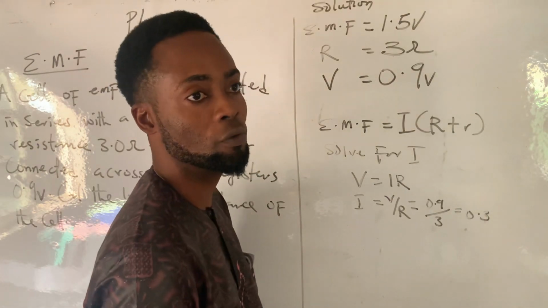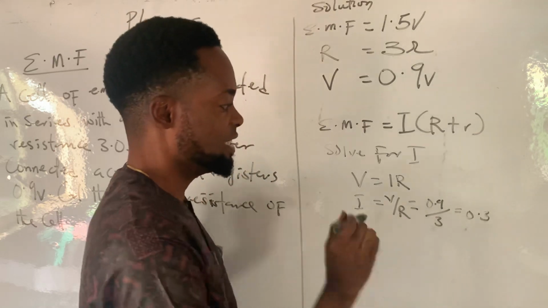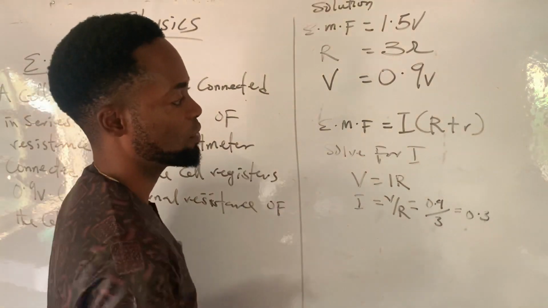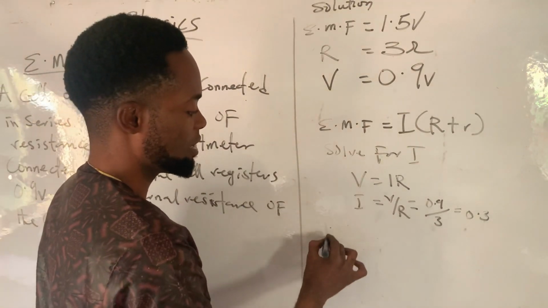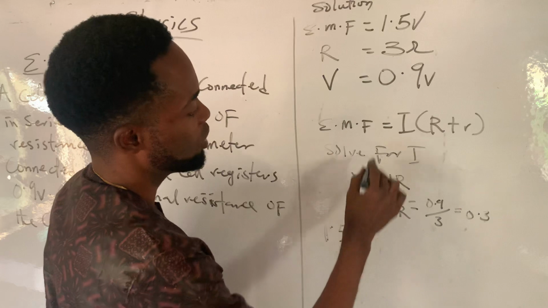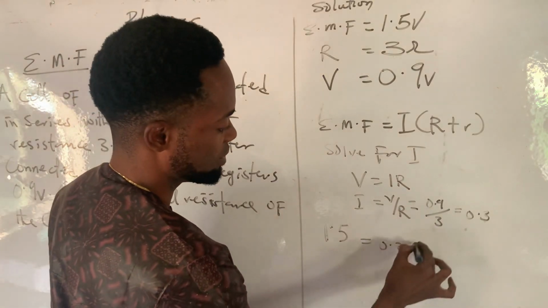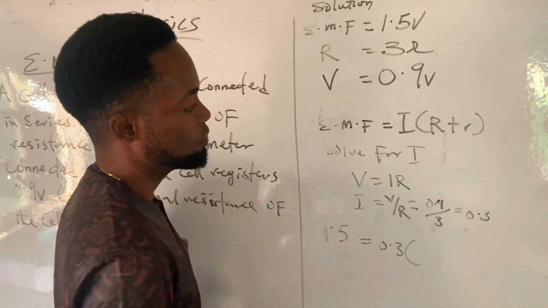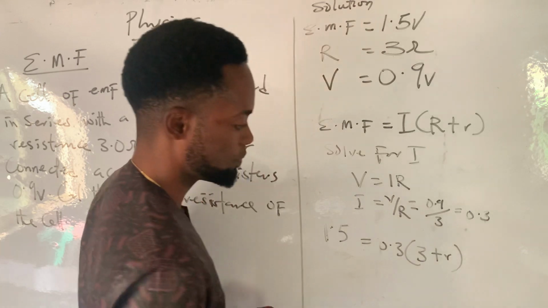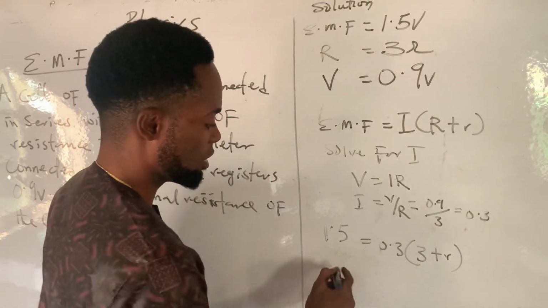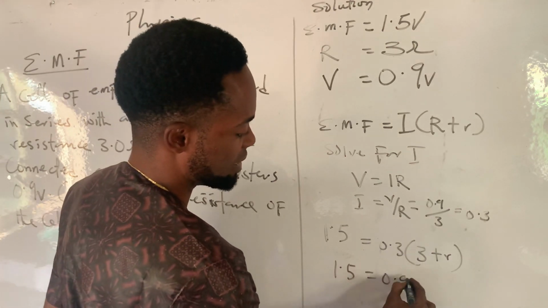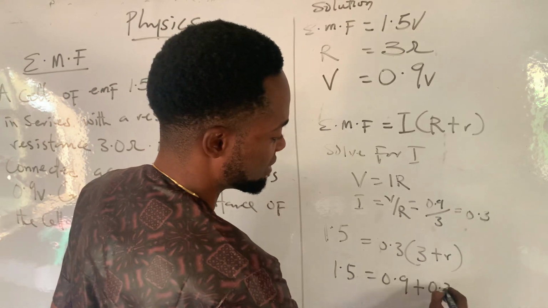All right. So if we have this, then you can slot in your I here to look for your small r. So our EMF is 1.5, equal to, our I is 0.3, our R is 3, plus we are looking for small r. So from here, we have 1.5 equals 0.9 plus 0.3 small r.